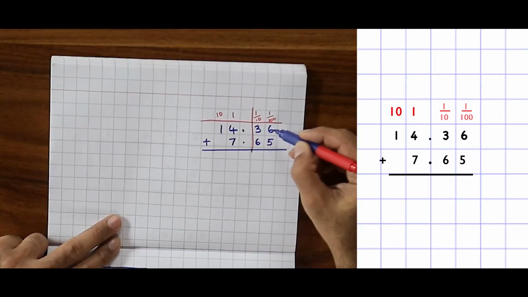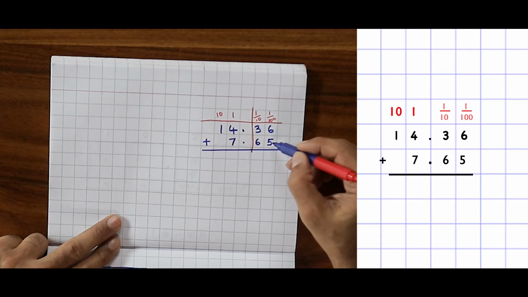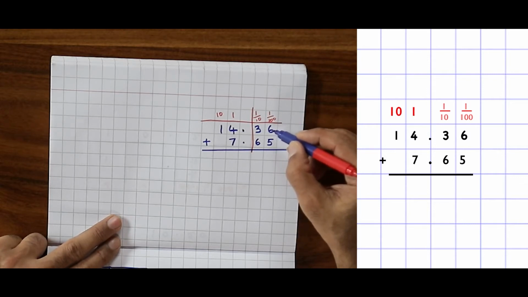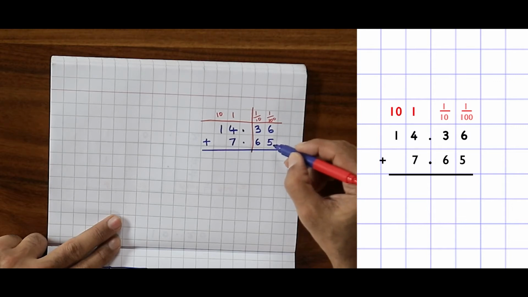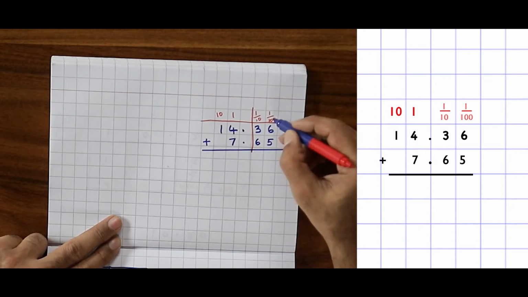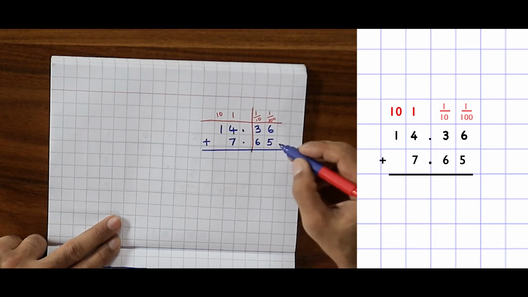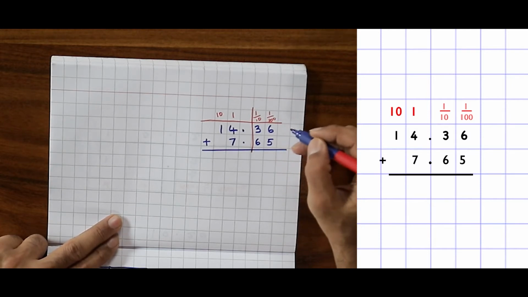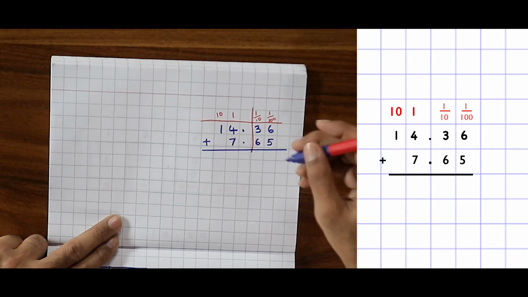If I do the same problem in abstract stage, 6 and 5 hundredths, 1 by 100, is 6 here and 5 here. I get 11 1 by 100.